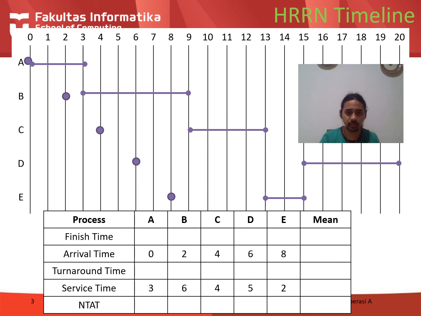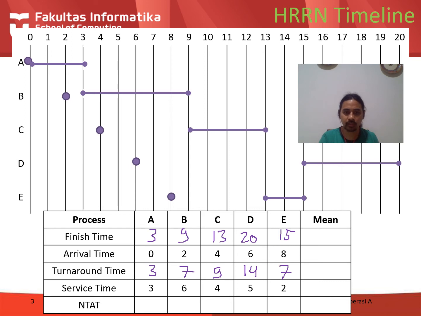So here the finish time for A is still 3, and B is still 9, and C is now 13, D is now 20, and E is now 15. And the turnaround time of A is 3, and B is 7, and C is 9, and D is 14, and E is 7.